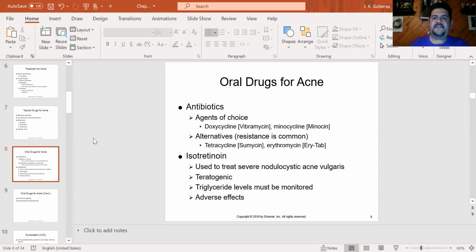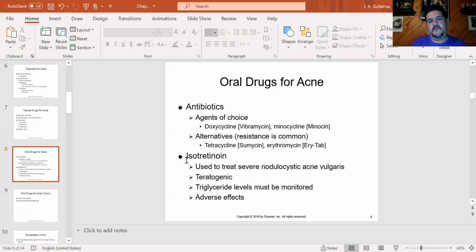From the tetracyclines, the most common ones are doxycycline and minocycline. Tetracycline is the alternative, and erythromycin. Regarding erythromycin, the mycins, this family is very heavy on the stomach. So it's going to be a lot of abdominal cramps when they take the tablets.